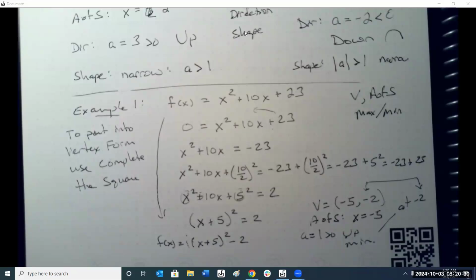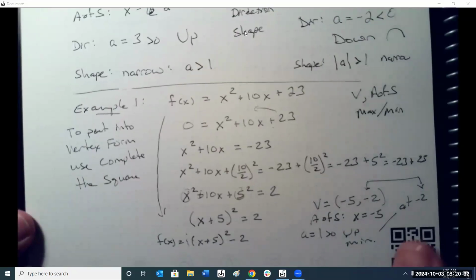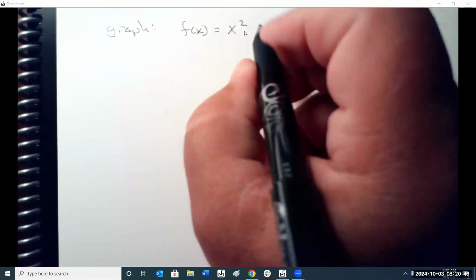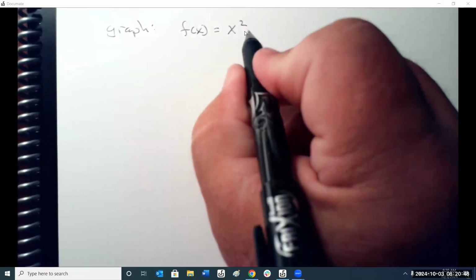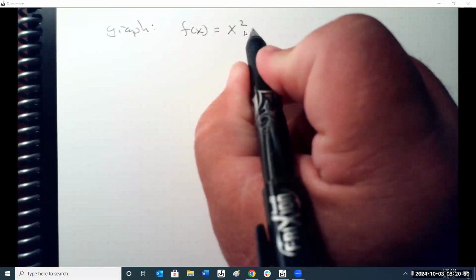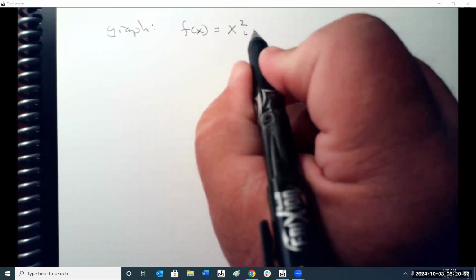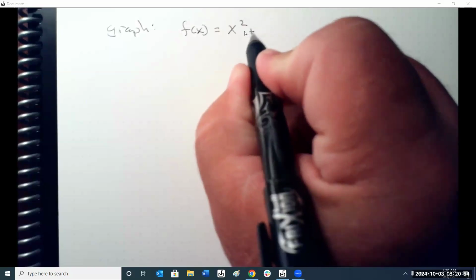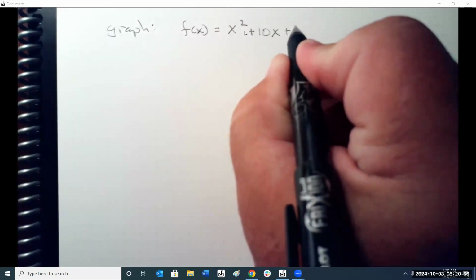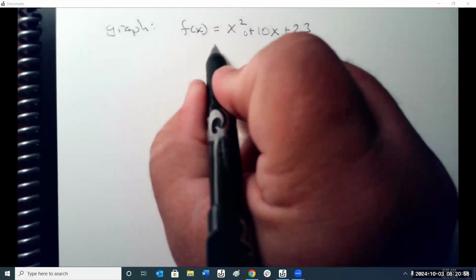Okay, now how do we graph this function? We had x squared plus 10x plus 23.